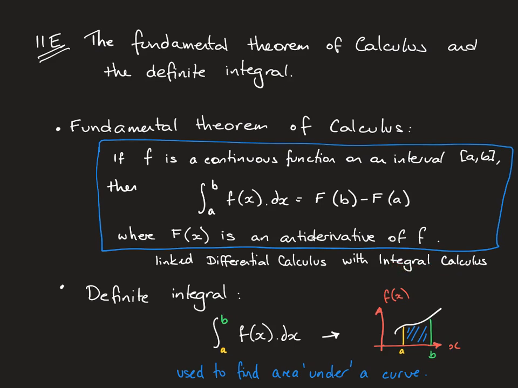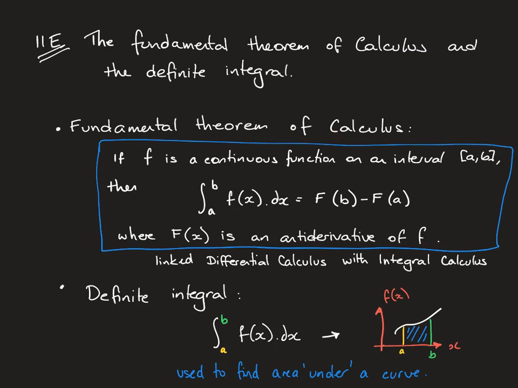When they realised the relationship between the area under the curve, which is our integral calculus, and differential calculus, which was finding our derivatives and our antiderivatives, it was a really major idea. So for us, it's kind of a no-brainer because we've taught it to you all the way through. But when they found the link, it was a massive thing for mathematics. So anyway, this is the fundamental theorem of calculus.